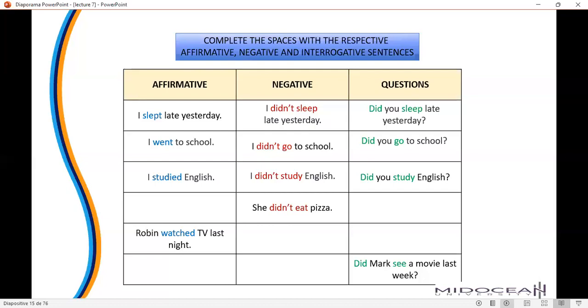Yeah, good. So she ate pizza. Question: did she eat pizza? Okay, let's check now. She ate pizza. Okay, good answer. Did she eat pizza? Good. Thank you.